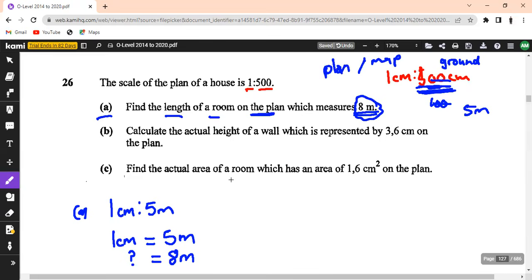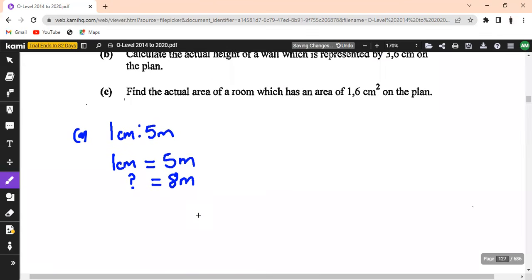So to find the value corresponding to 8 meters, as you can see, it's going to be more. So it will be 8 over 5. It's 8 meters over 5 meters multiplied by 1 centimeter. The meter and the meter will cancel. So 5 into 8, that is 1, and we've got a remainder of 3.